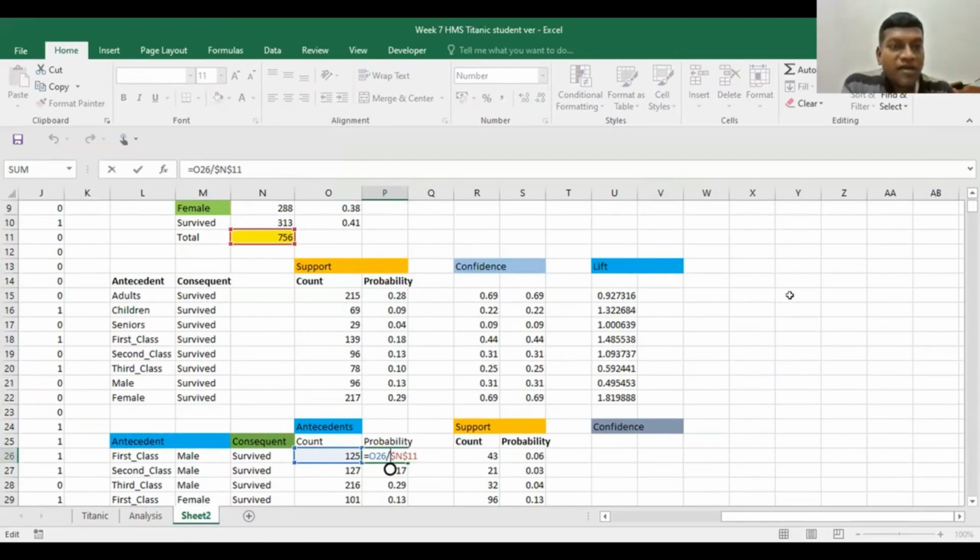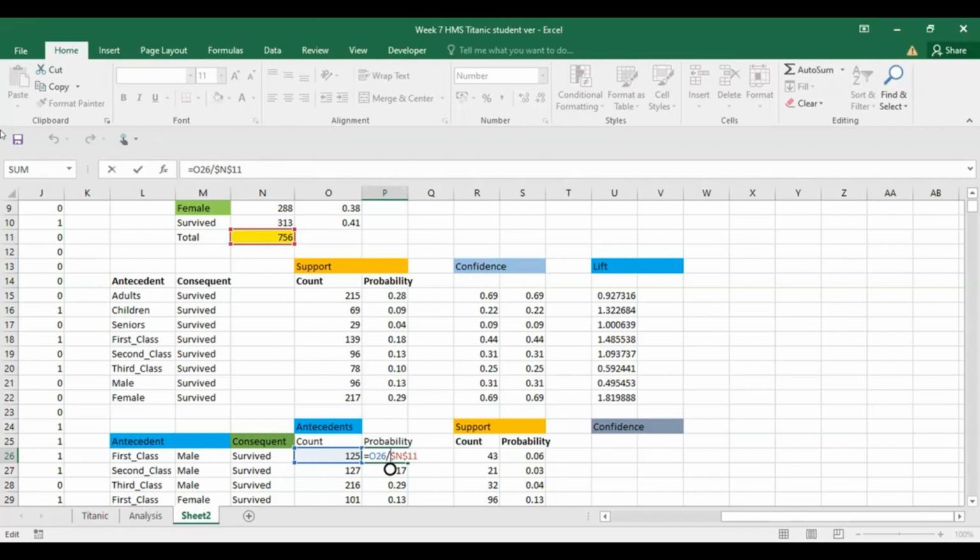So there were 756 people on the ship, out of which 125 happened to be male and they traveled in first class. So the probability would be 125 divided by 756. Is that okay? That is the probability of the antecedent. This time our antecedent is two things, first class and male. Is that okay, Aditya? Yeah, that's fine now. Thank you.